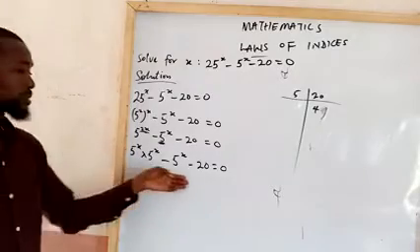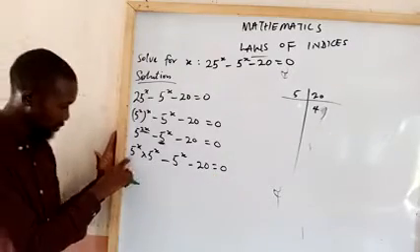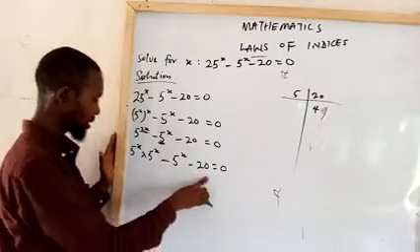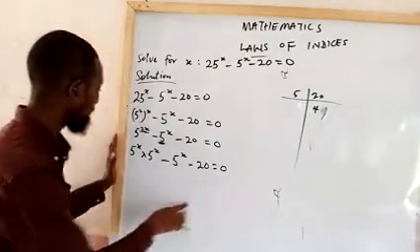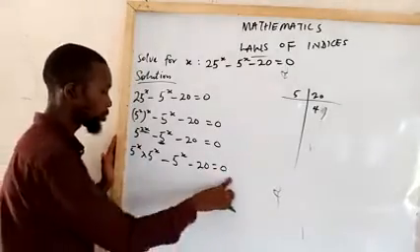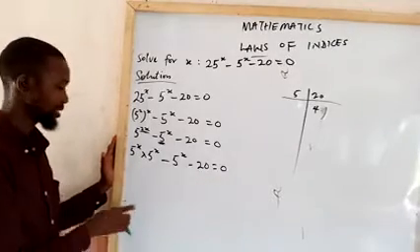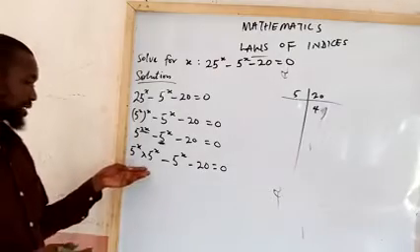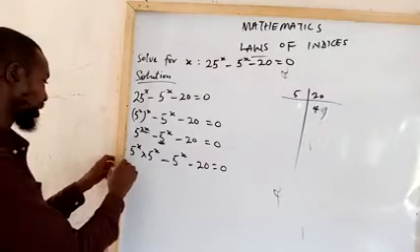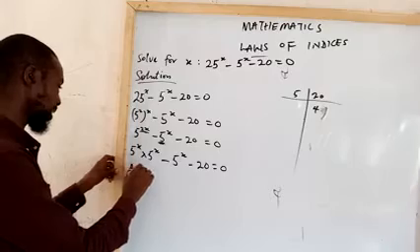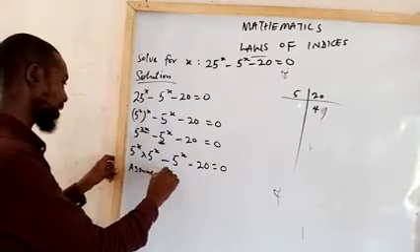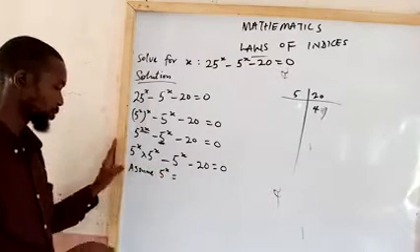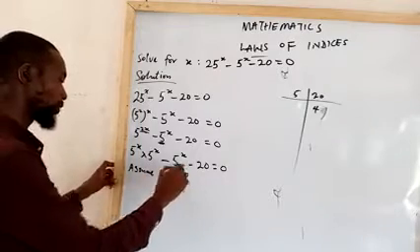For me to be able to continue with this, one should look at it very well, and one will observe that something is very common here. That thing that is very common is 5 raised to the power x. Anything that is common like this can be given a name. So we can assume 5 raised to the power x to be a variable, say p.